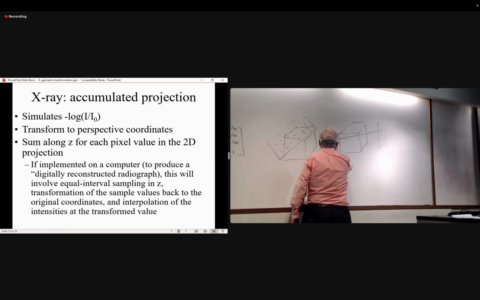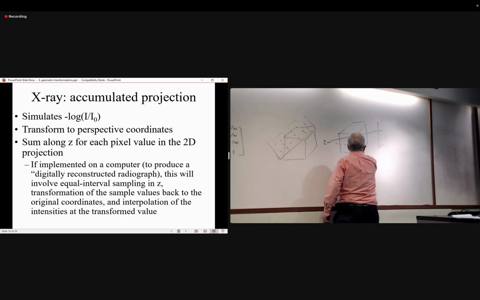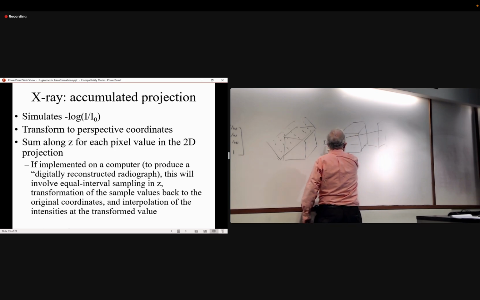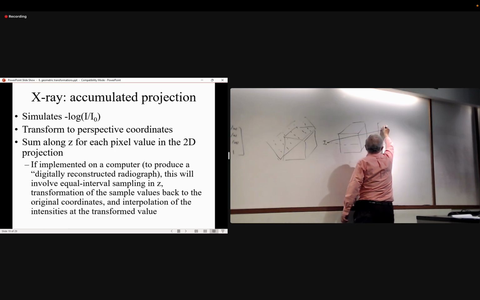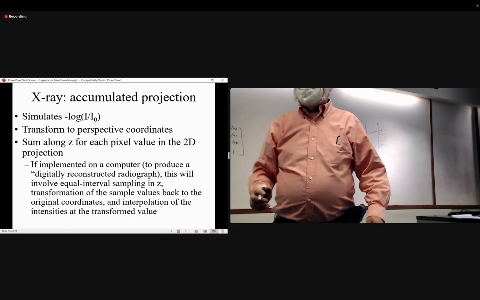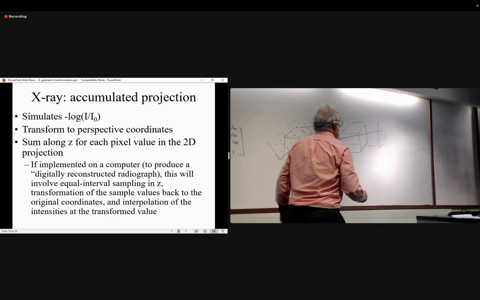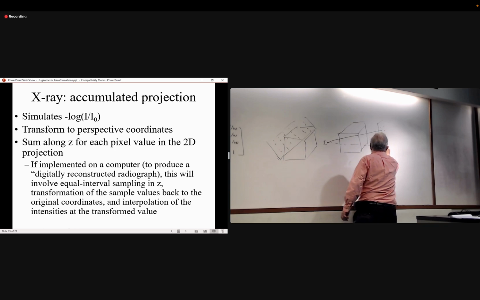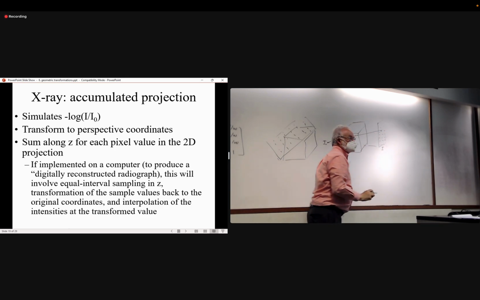And you're going to send rays of intensity I0 along all these different rays, and they're going to end up at the pixels on this X-ray, this radiograph, this X-ray image. And this image is what we're going to talk about as having intensity I, a 2D image.